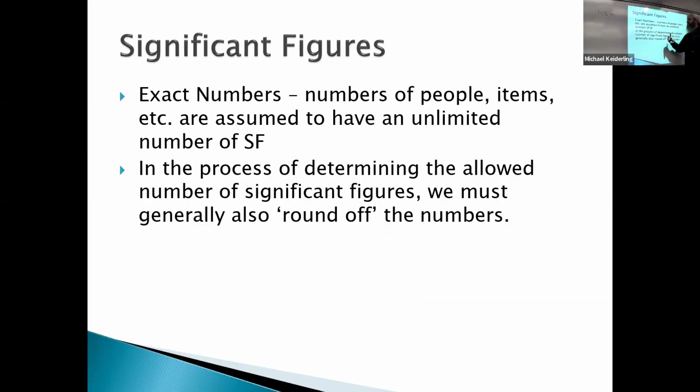Now, there's a couple exceptions. Well, there's one big exception: exact numbers. If I have 5 cupcakes, where that's an exact count, that is an exact number. I know that number perfectly. Or let's say I'm trying to figure out the average weight of these ball bearings, and I grabbed 10 of them.